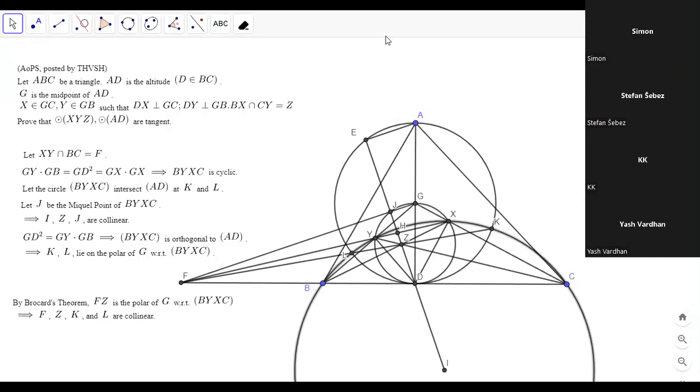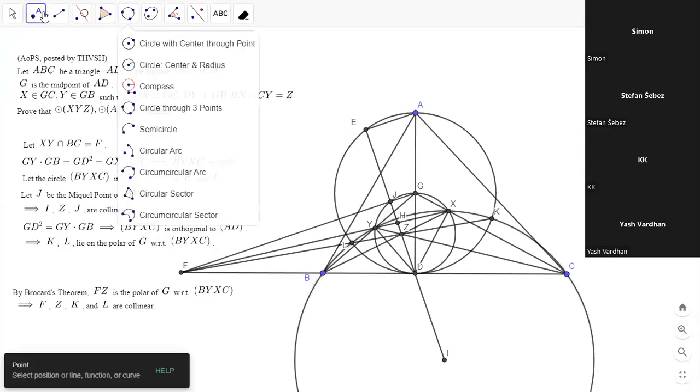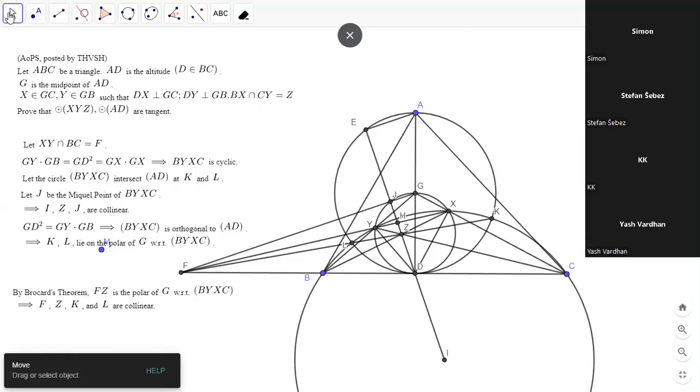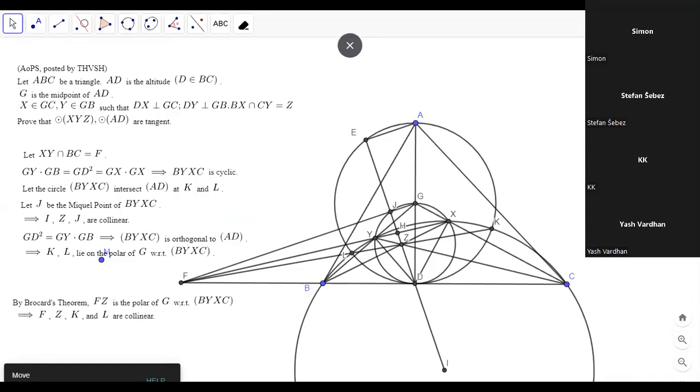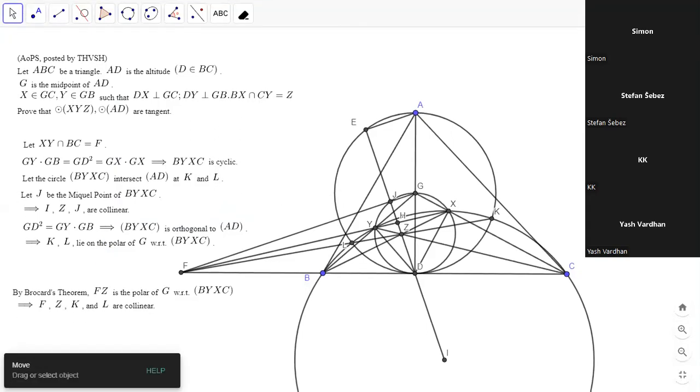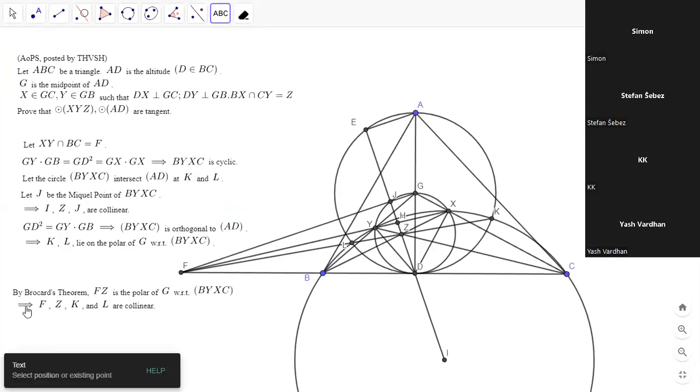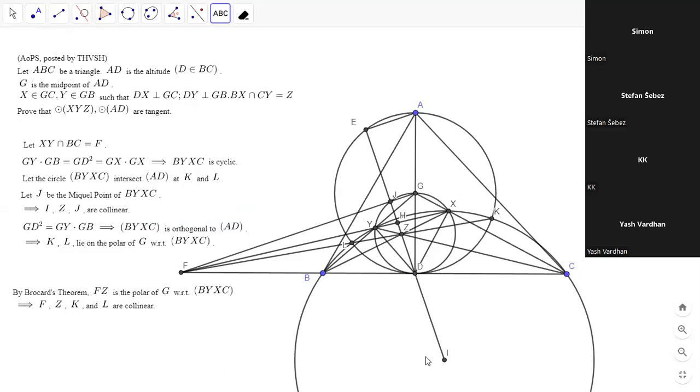Okay, so Z, okay, so sorry, I'm going to move this out of the way. Okay, so yeah, it just follows from Brocard's theorem. So Z is on the polar of F with respect to this.